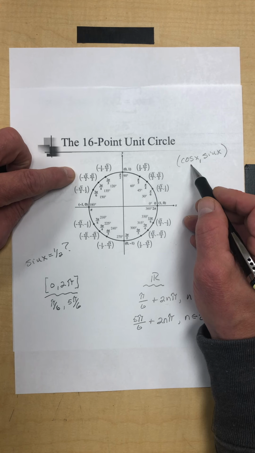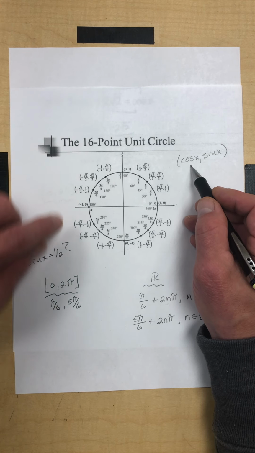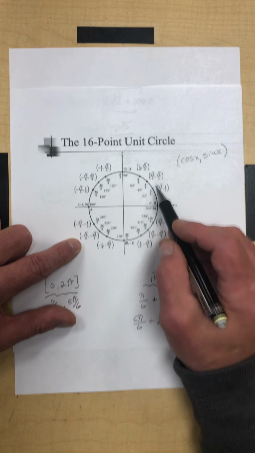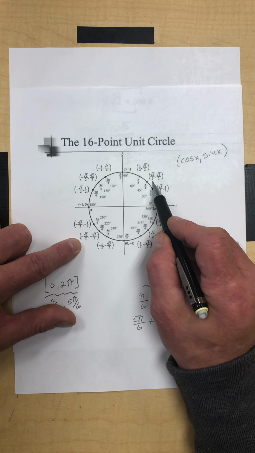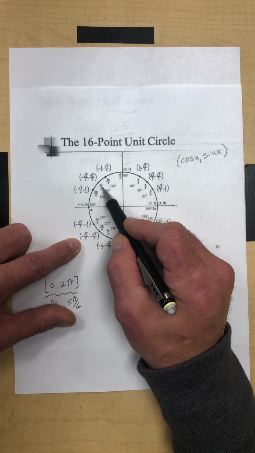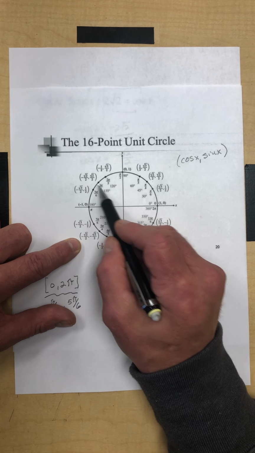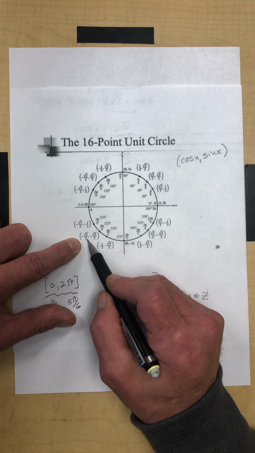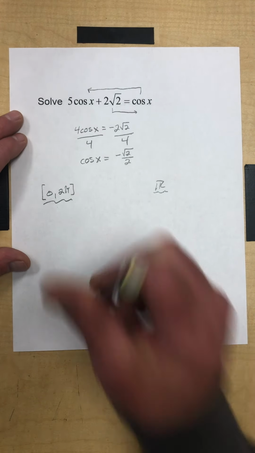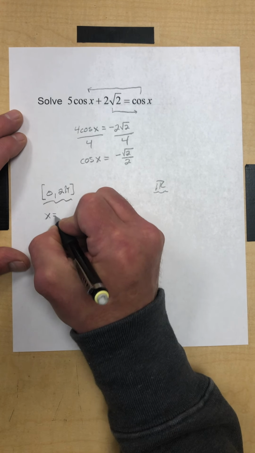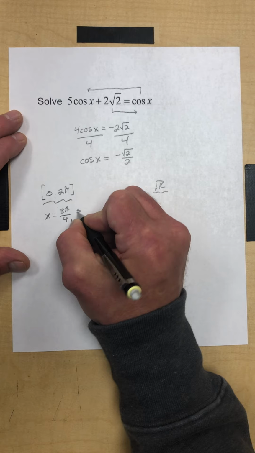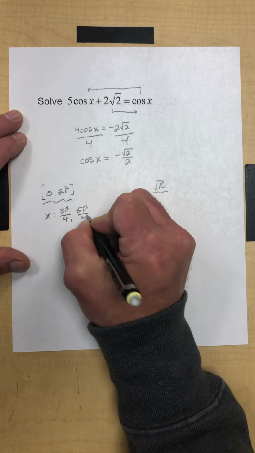That happens here at 3 pi over 4, and it happens here at 5 pi over 4. We have some other x coordinates that are radical 2 over 2 here and here, but they're positive. We want negative. So that happens at 3 pi over 4, and that happens at 5 pi over 4. Okay, so let's see. My solutions would be at 3 pi over 4 and 5 pi over 4.